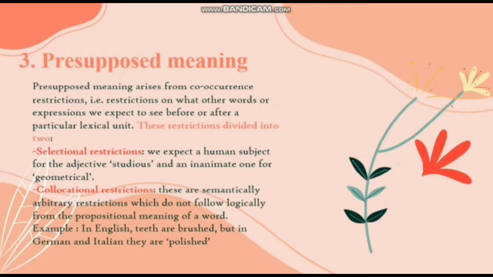We expect a human subject for the adjective studious and an inanimate one for geometrical. And then collocational restriction. These are semantically arbitrary restrictions which don't follow logically from the propositional meanings of a word. For example, in English, we know that teeth are brushed, but in German and Italian, teeth are polished.